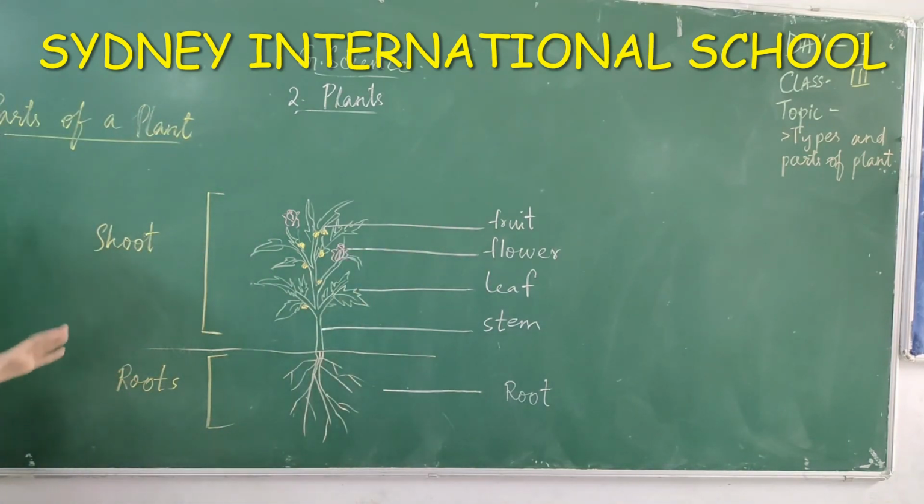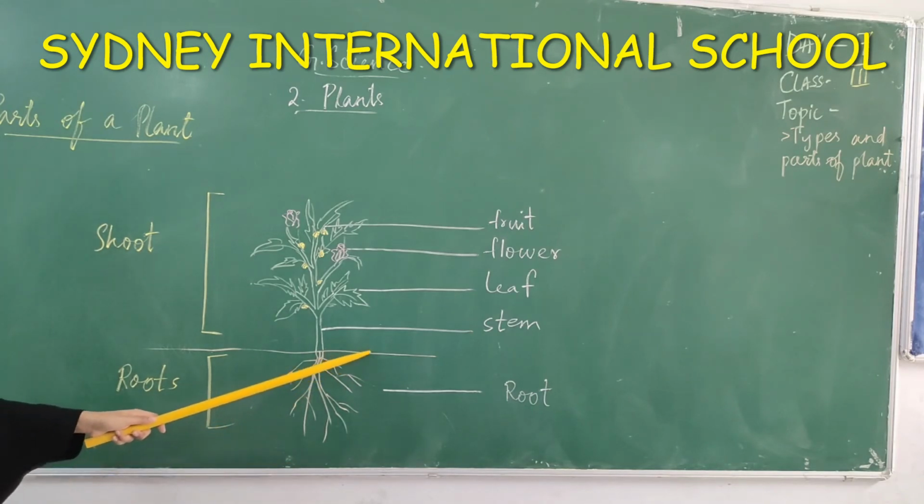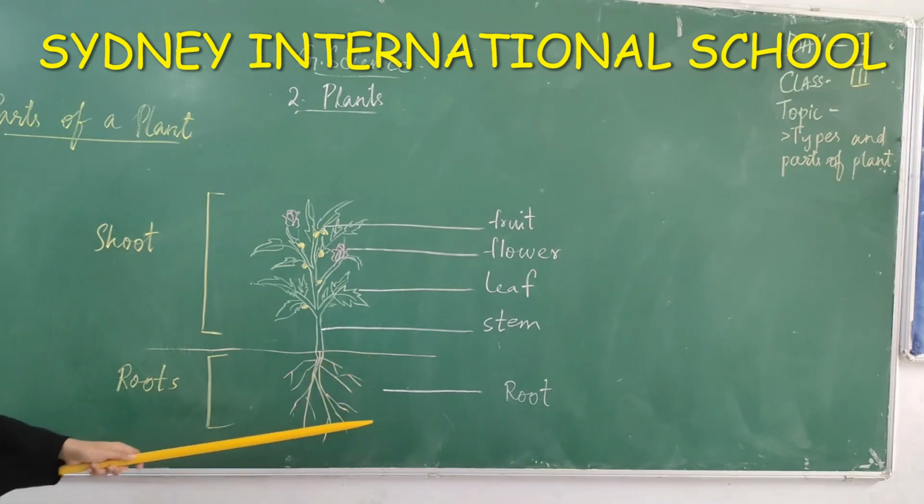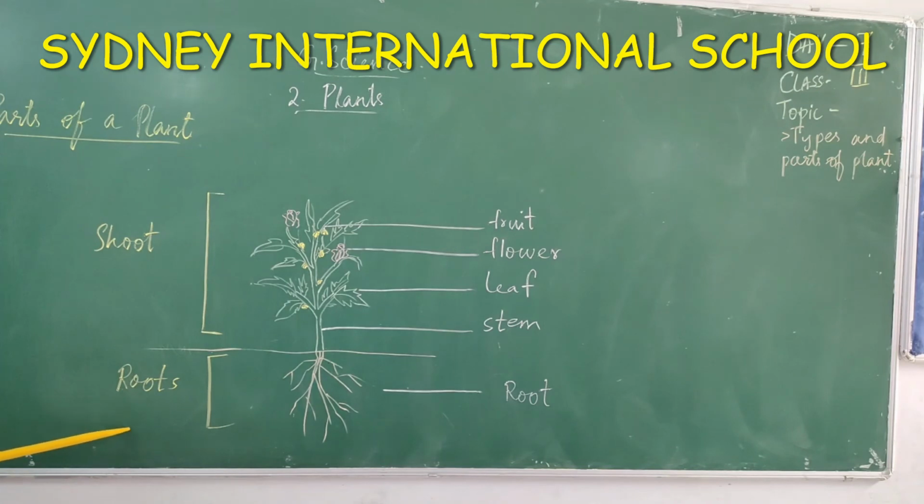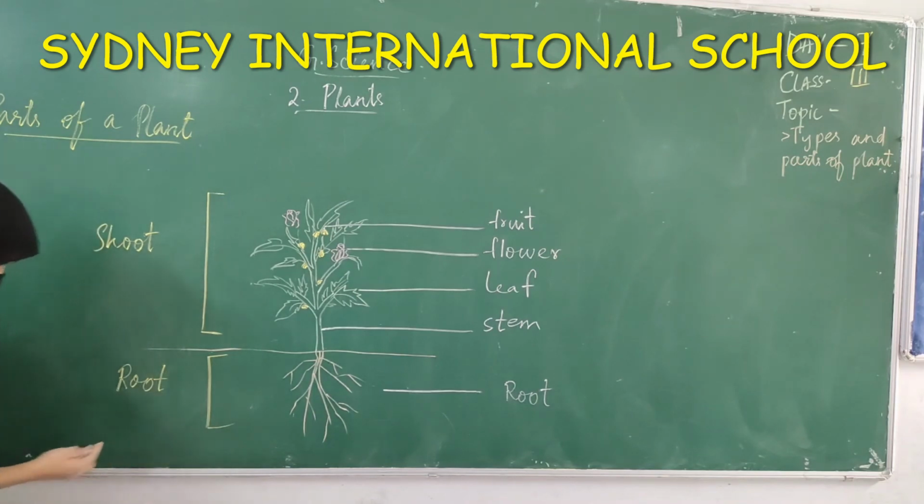But the important thing to remember here is that all the parts of the plant that grow below the ground come under the root system.